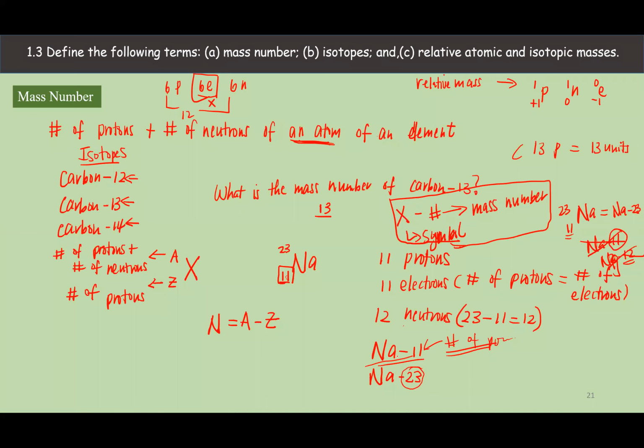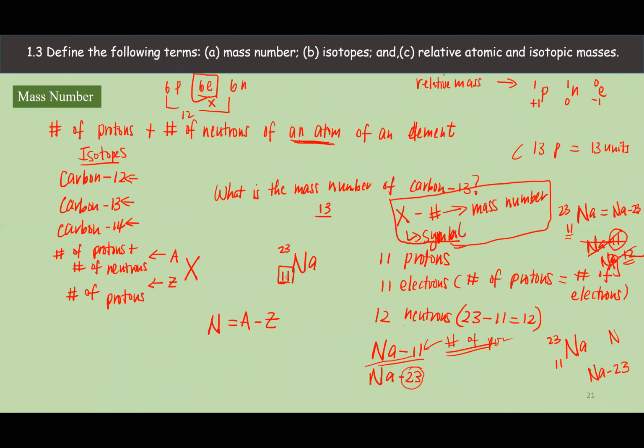Great. Right? So again, to recap, the two notations that we're using. The first notation is that we write the symbol for the element, we put the number of protons and we put the mass number. And the second notation, we write the symbol for the element followed by its mass number.